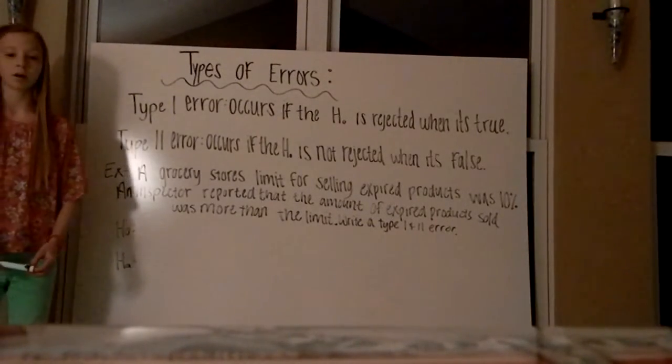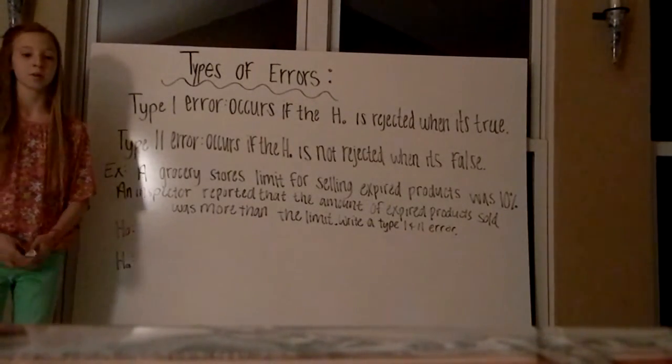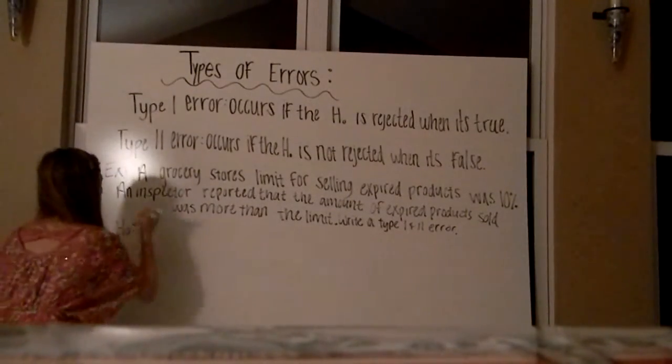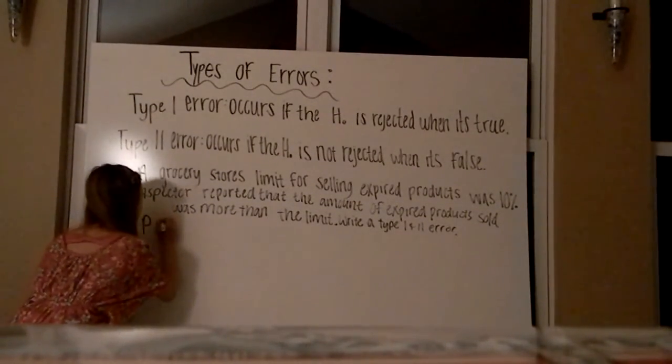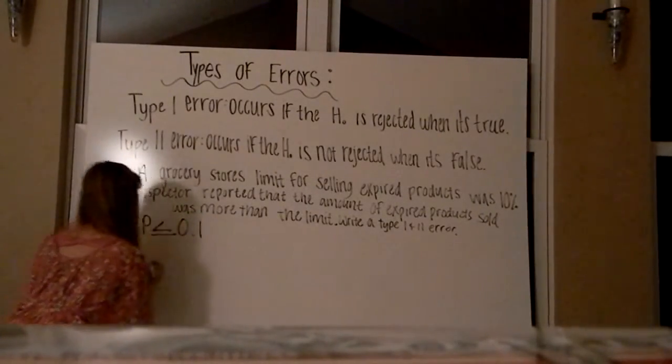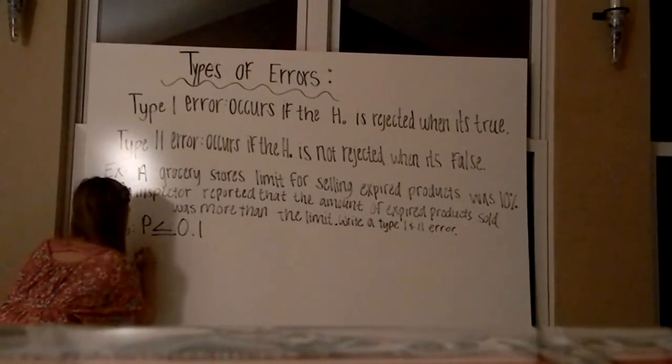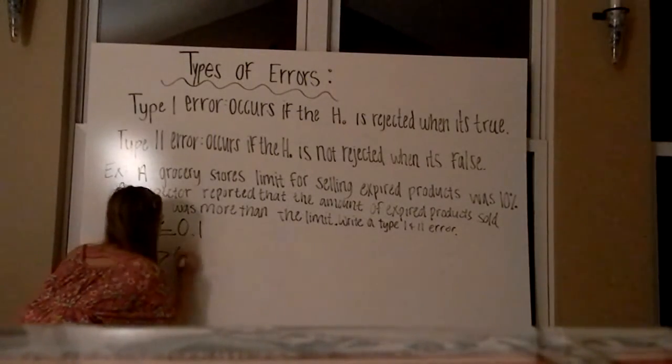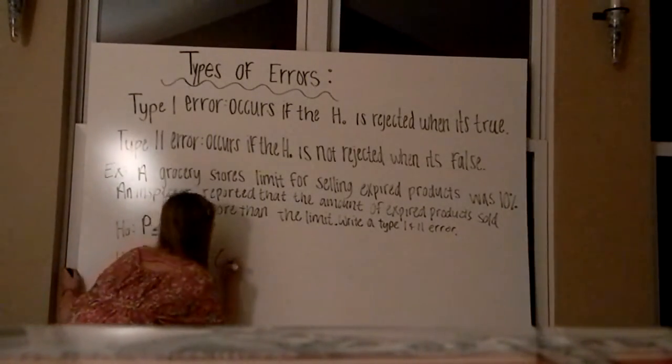We found that our alternative hypothesis is our claim. So our null hypothesis is P less than or equal to 0.1, and our alternative hypothesis is P greater than 0.1, which is our claim.